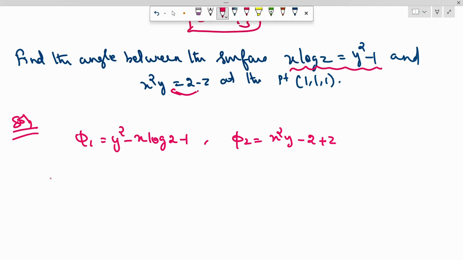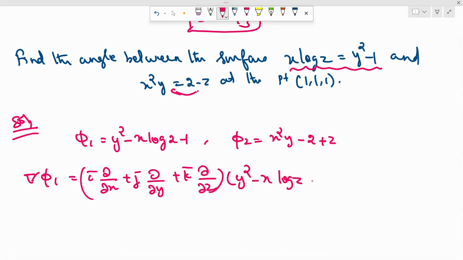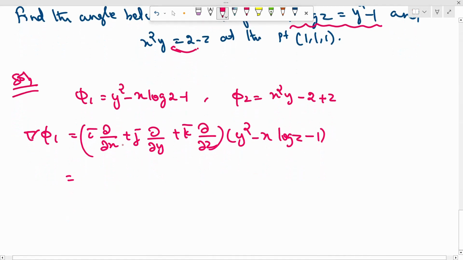As usual, we are going to calculate del phi 1. Del phi 1 is equal to, what is the expansion of del? I vector into dou by dou x plus j vector into dou by dou y plus k vector into dou by dou z into phi 1. Phi 1 is y square minus x log z minus 1. Now we are going to differentiate one by one.